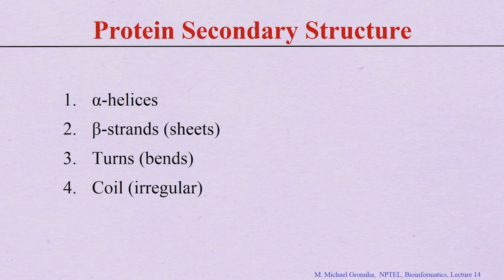So, what are the commonly occurring secondary structures in proteins? Alpha helices, because they first identified the helices in proteins. The first letter of Greek is alpha, so they put alpha helices. The second one is the beta strands, and some strands join together to form sheets.